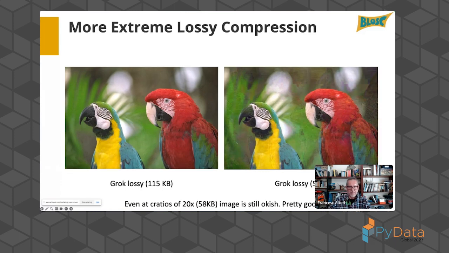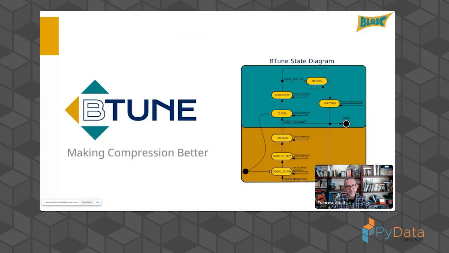Even if we choose more extreme lossy compression parameters, in this case we are reducing by a factor of 10 with respect to the lossless image, and we see very apparent artifacts, but the image is still okayish, right? So that's a pretty good implementation, and it's a very nice example of how you can extend Blosc2 with your own codecs.